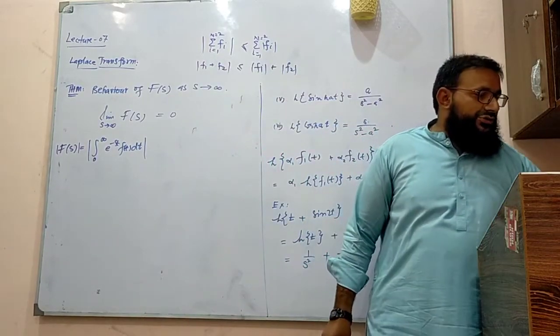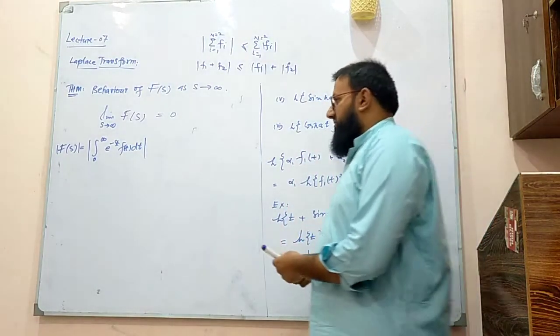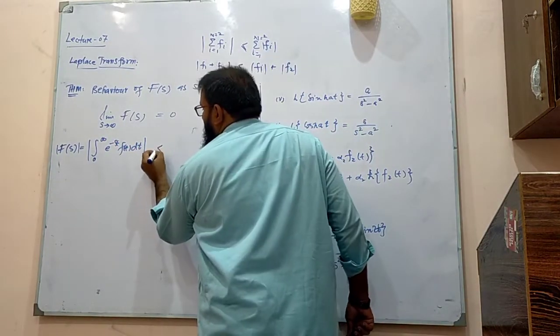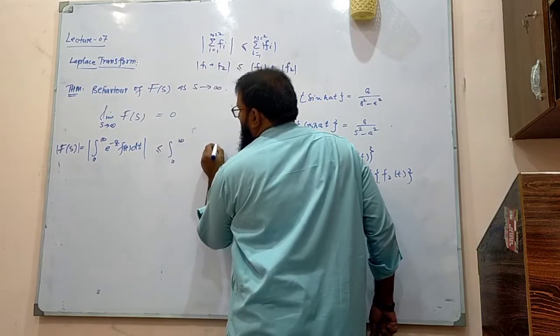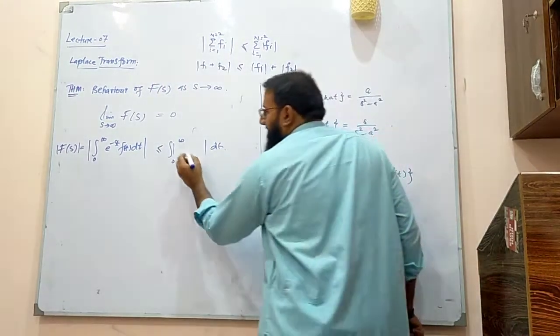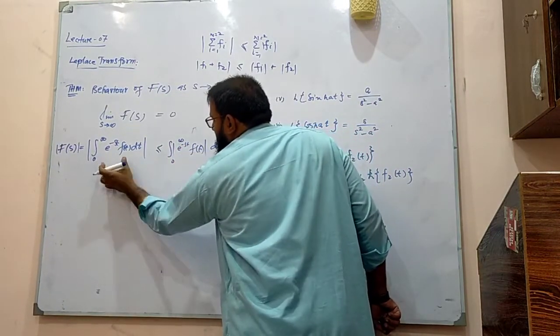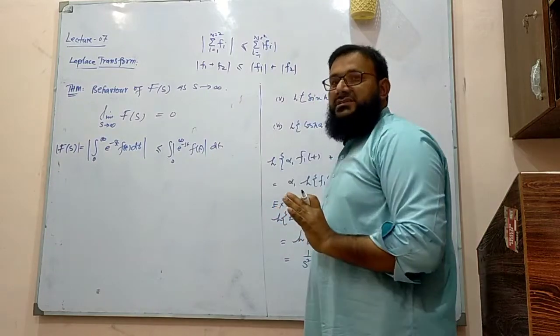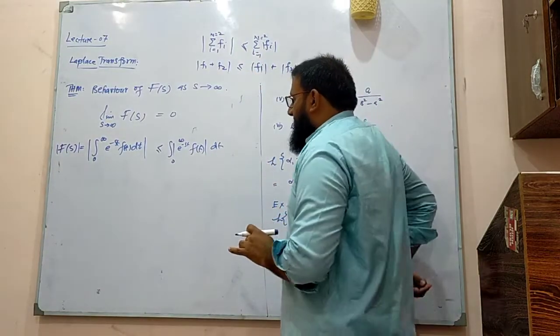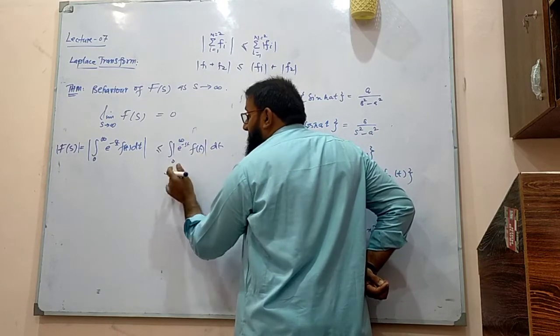It will help you to memorize things or keep the idea in your mind. So this will be less than or equal to the integral of the absolute value of the integrand, e power minus st f of t. We discussed that this is always less than this, from the previous example that I have written so far. But you know very well the absolute value of the exponential remains the same.